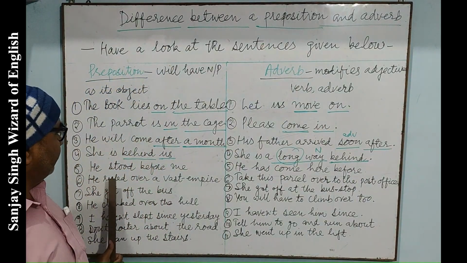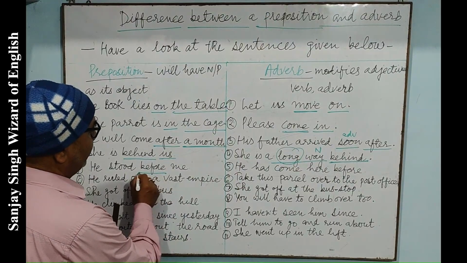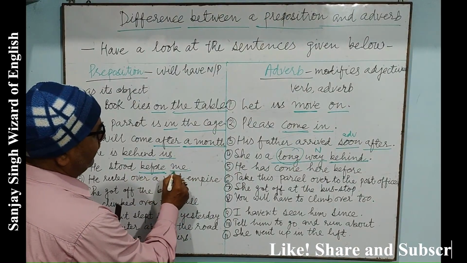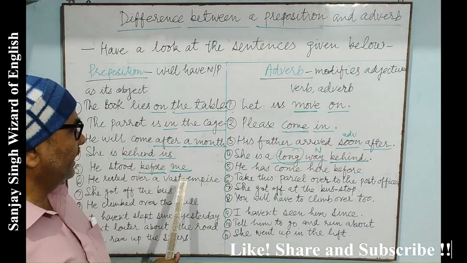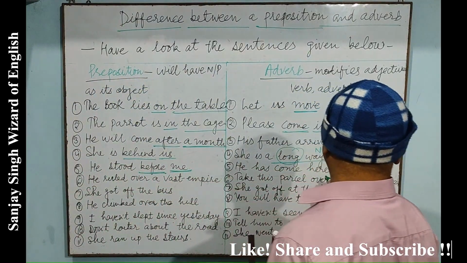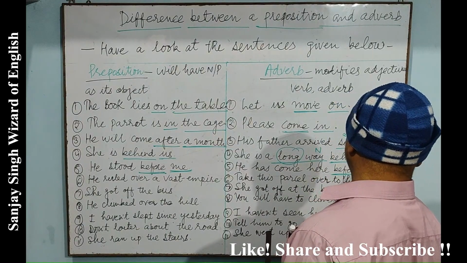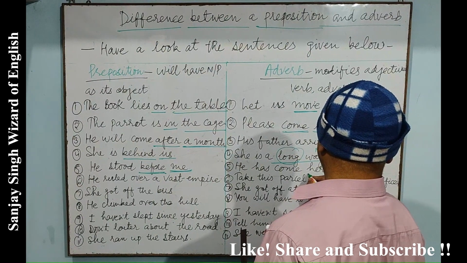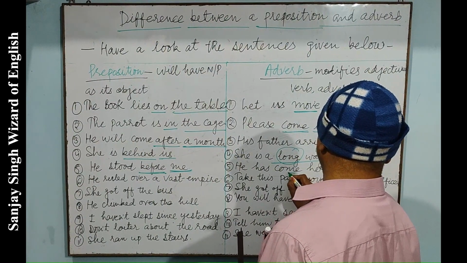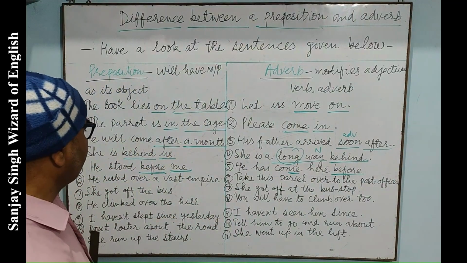Now in the next example, he stood before me. This preposition is followed by this object. He has come here before. Now here this word before is qualifying this verb.